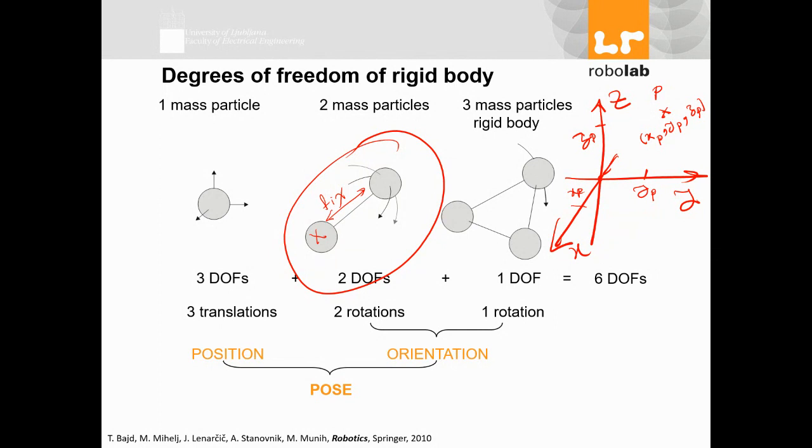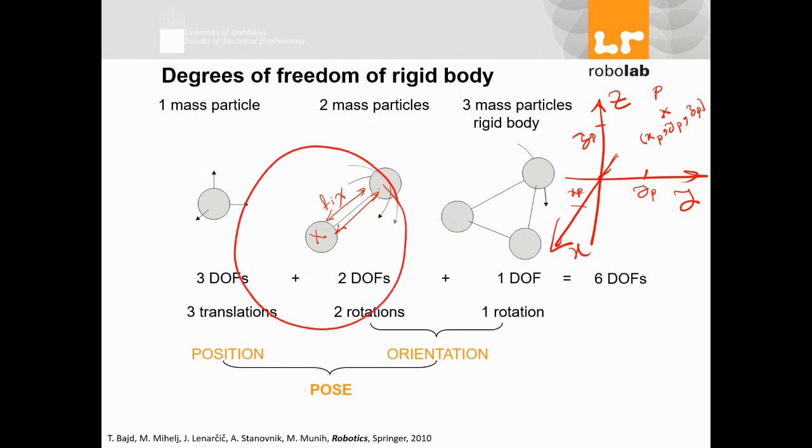Yes, exactly. It covers a sphere shape because the link between this point and this point is fixed. So it can cover a spherical shape like that, a ball-shaped surface. All right?